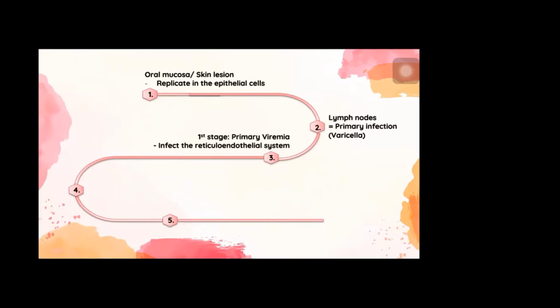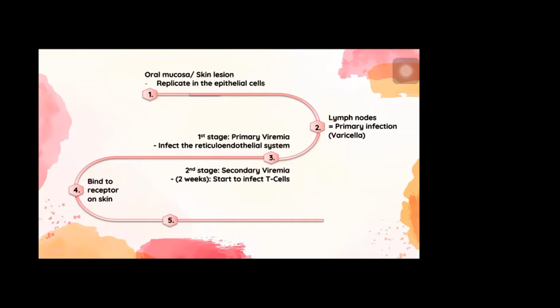At this stage, there are two phases, where the first is known as primary viremia. During primary viremia, it will infect the reticuloendothelial system, such as the liver. The next stage will be around 2 weeks after that, when the virus starts to infect the T cells, known as secondary viremia.